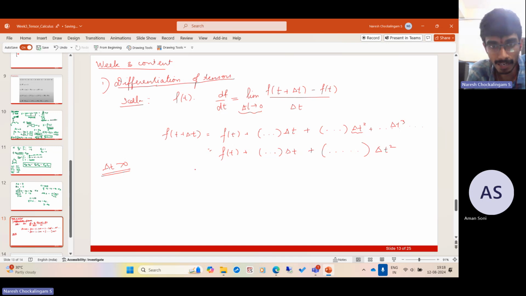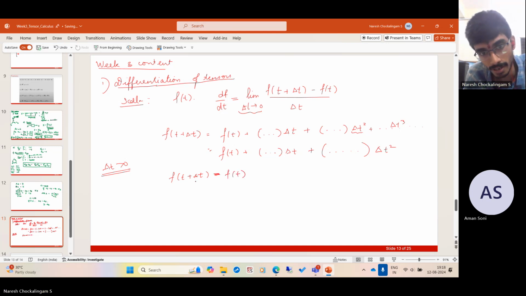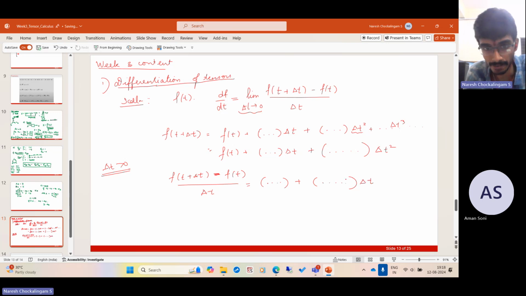Now we can divide throughout by delta t and take it to the other side, which means f of t plus delta t minus f of t divided by delta t is equal to this certain quantity plus you have a large number of terms multiplied by delta t. Now you take the limit delta t tending to 0.